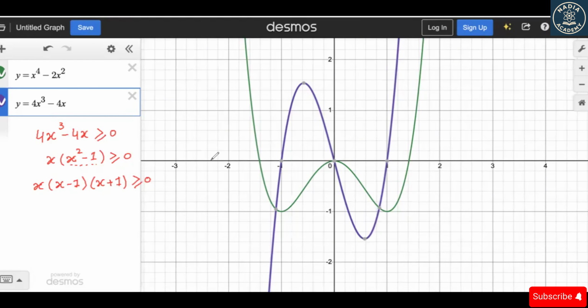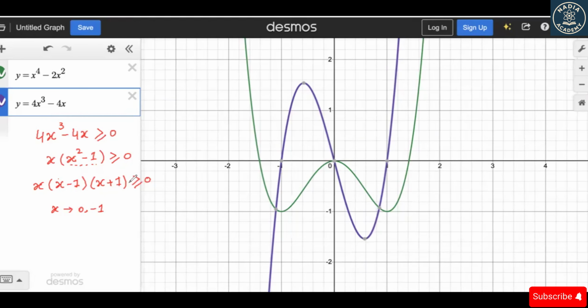Now, from these three factors we can easily understand that we have one of the turning points at x equals 0. If x is less than 1, it is still positive, meaning x changes from 0 to negative 1.